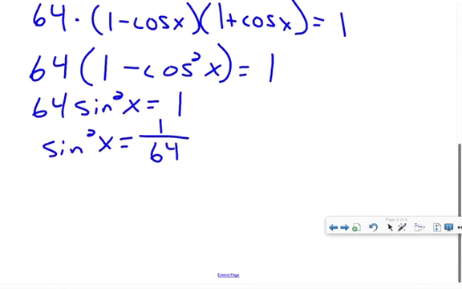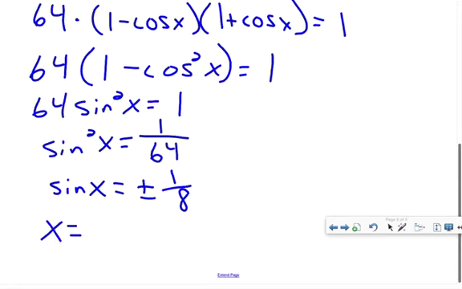Then 64 sine squared of x will equal 1. The sine squared of x would be 1 over 64 when I divide both sides by 64. The sine of x would be positive or negative 1/8. And if you're looking for a y-coordinate of positive or negative 1/8, you'll go blind before you find it on your unit circle.